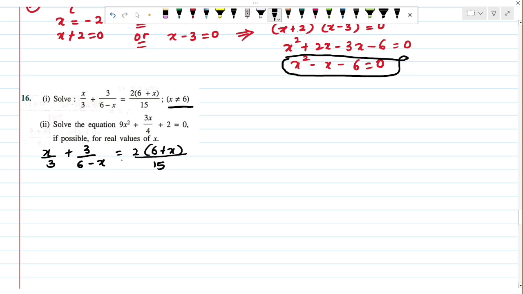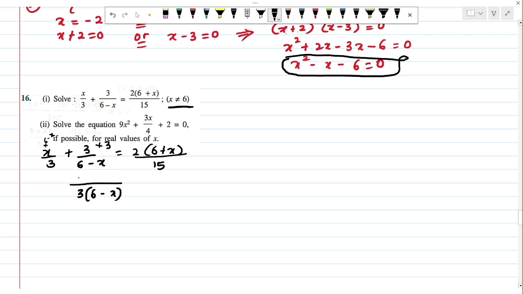First we will take the LCM, that becomes 3(6 - x). So here I'll multiply with 6 minus x and here I'll multiply with 3.